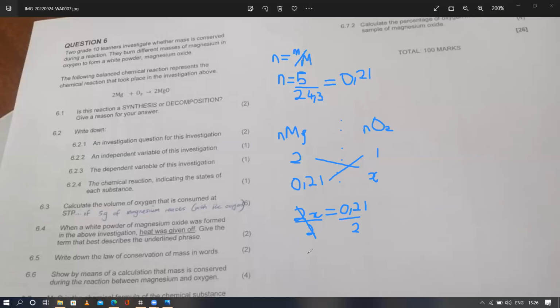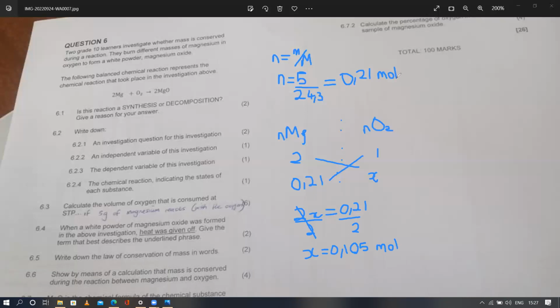Let's just leave it like that. So it's going to be the number of moles of oxygen, 0.105 mole. Oh yeah, I forgot to state the units there. So it's going to be mole here.